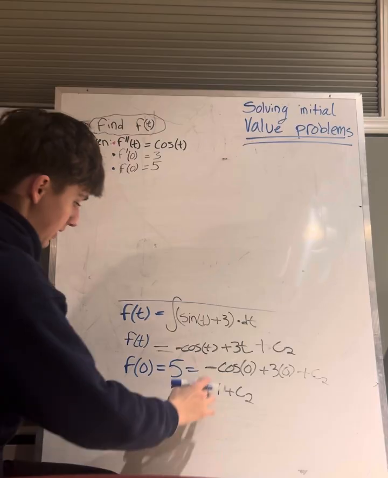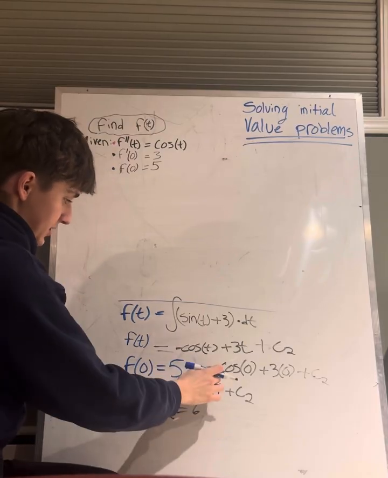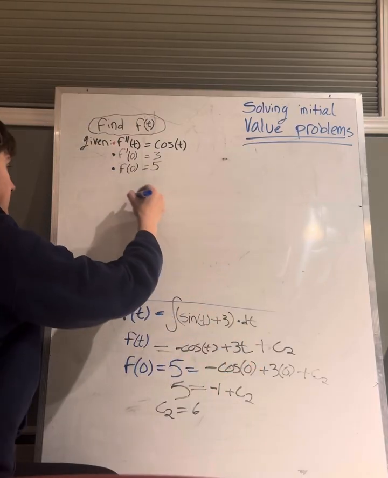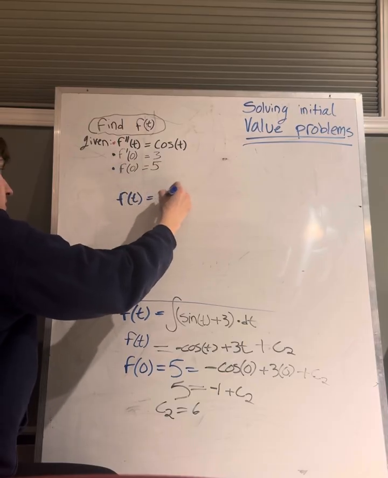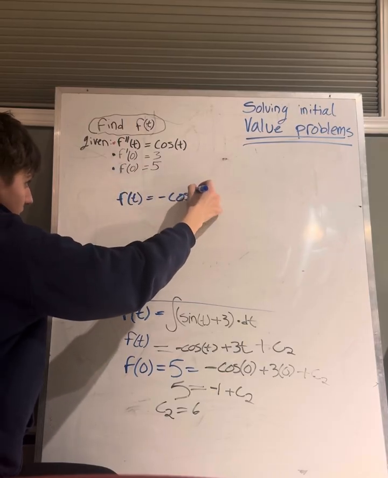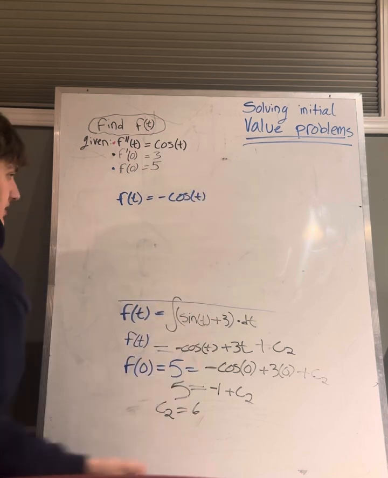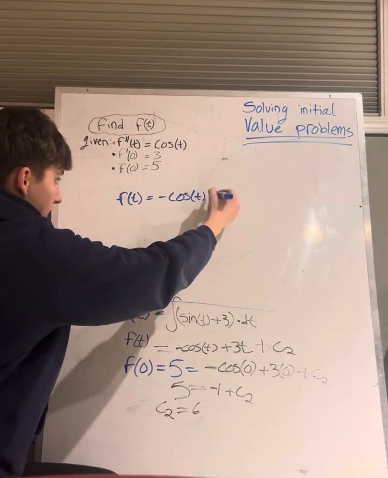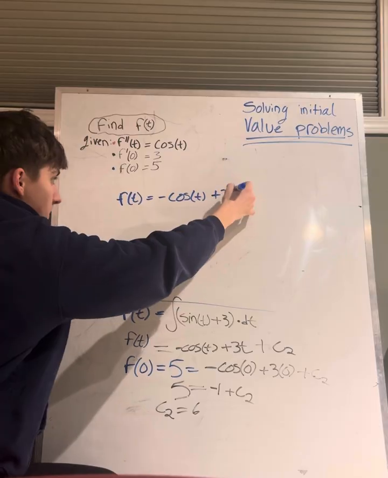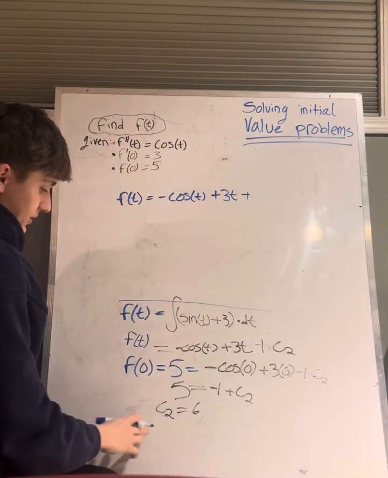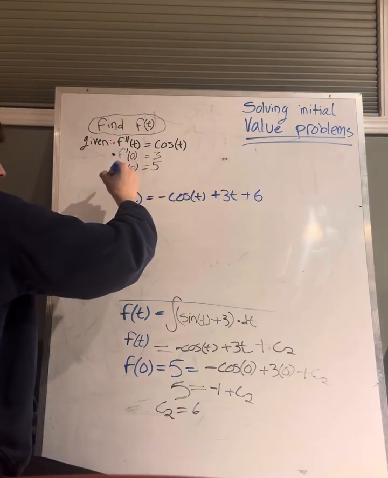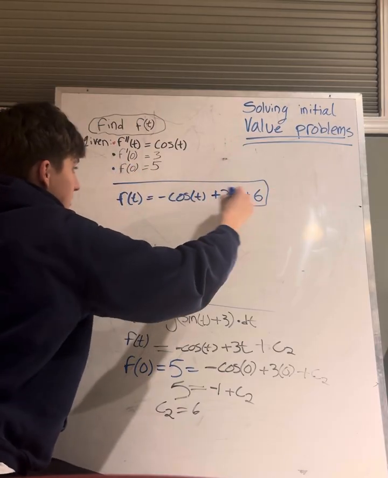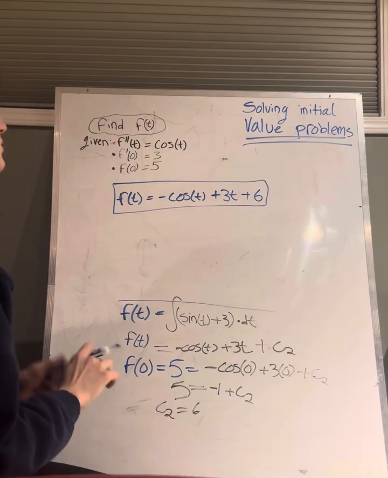So we know that our function is going to be negative cosine of t, plus 3t, plus that constant that we just found, which we're going to say is 6. And that's going to be our final answer for this initial value problem.